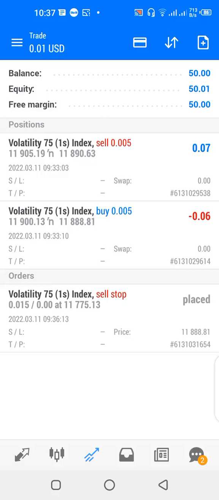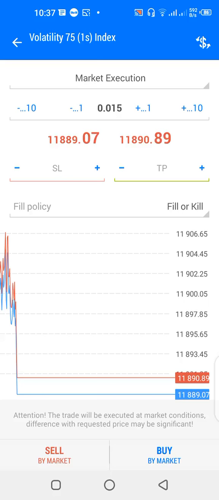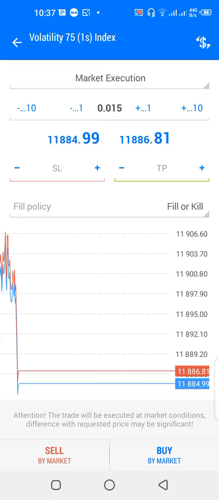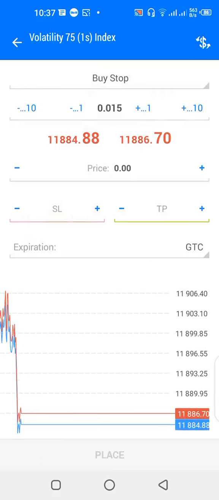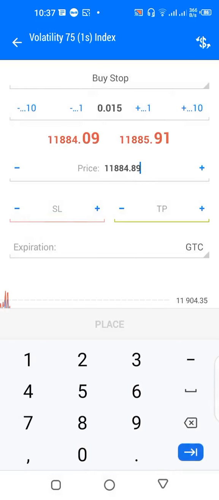I have 11905.19. That's my price level for the sell trade, and the buy stop for my sell trade will be 125 points above the sell trade, and the lot size will be 3 times, which is 0.015.